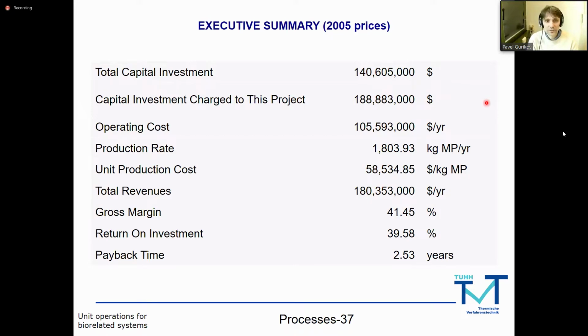Labor costs, consumables, chemicals as well. Yes, I think so. Chemicals, consumables, labor. We're going to see in a second the cost breakdown for this particular amount. That's very interesting to see. The utility cost? Yes.